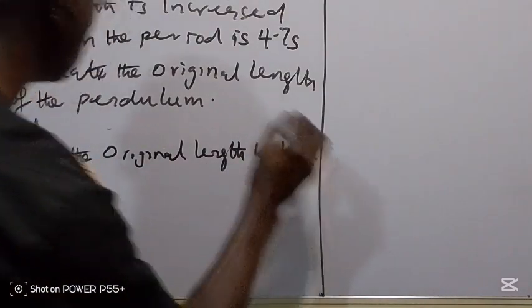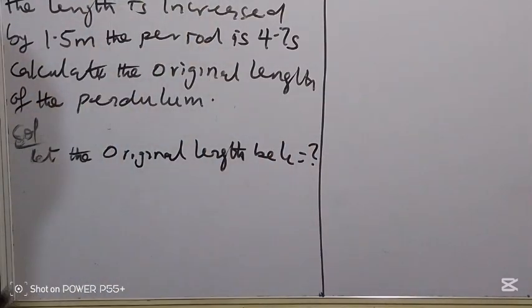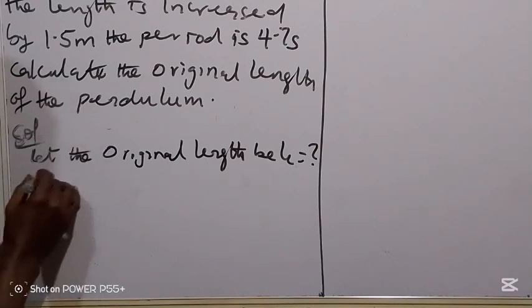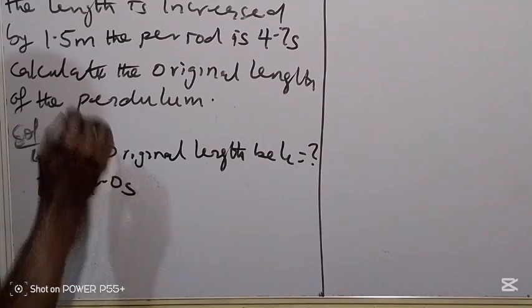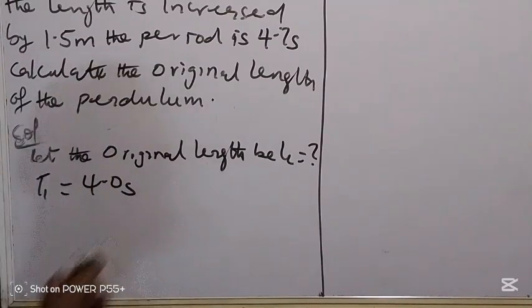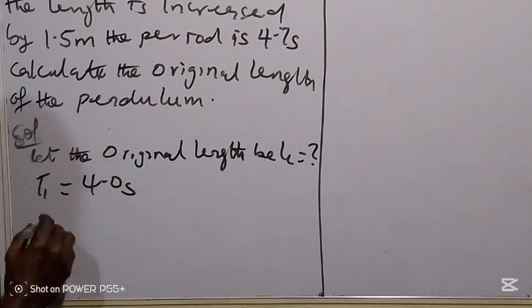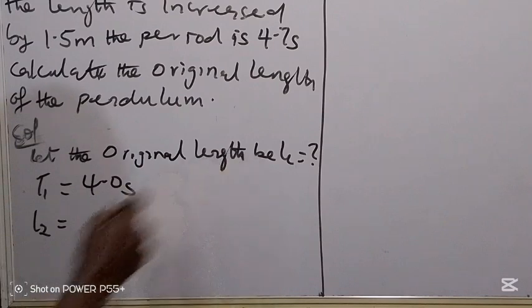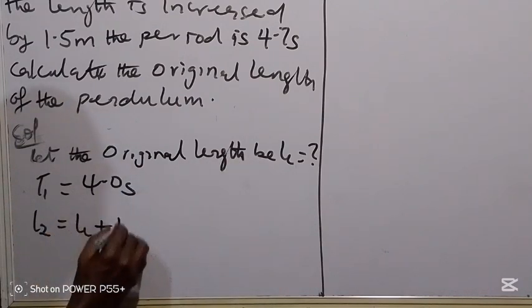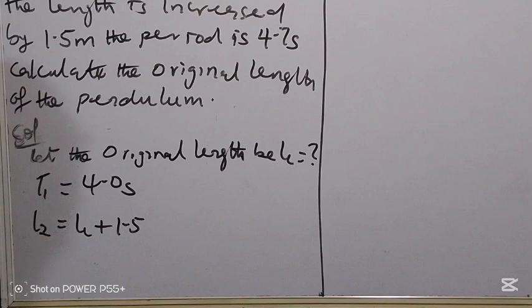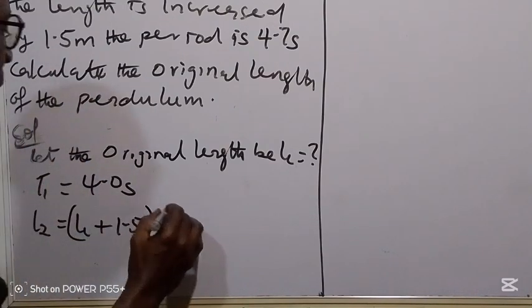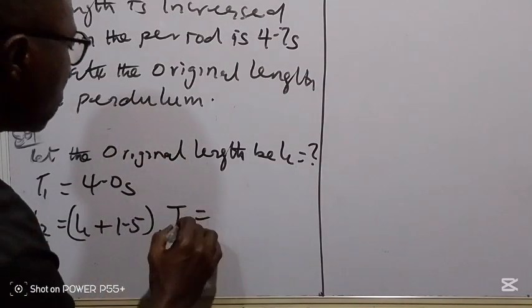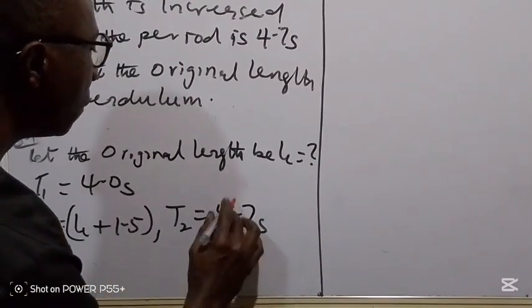So we don't know the original length, but the period for that original length, let's call it T1, is equal to 4.0 seconds. Then L2, which is the new length, is equal to L1 plus 1.5 because it's being increased. So the period for this one is T2, 4.7 seconds.